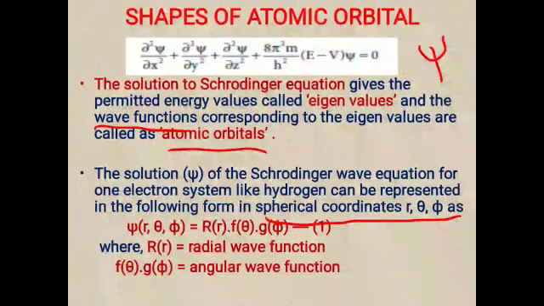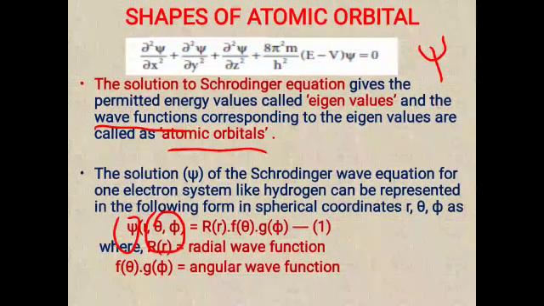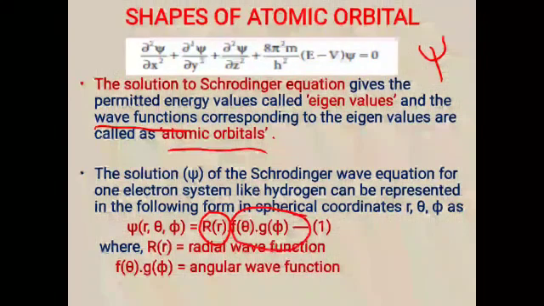By having these three values, we can get the wave function for the particular orbit. The wave function with respect to r, theta and psi is equal to R of r into f of theta into g of psi.